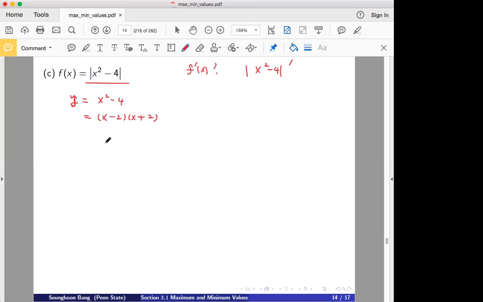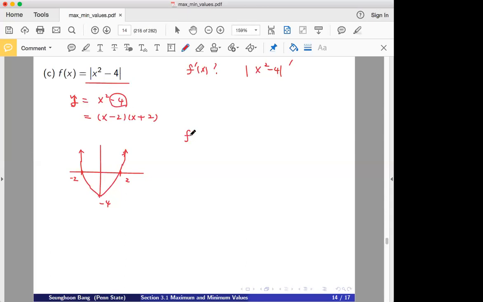Here we have x-intercepts negative 2 and 2, passing through these points. What's the y-intercept? The y-intercept is minus 4. The graph is like a parabola, y equals x squared minus 4.